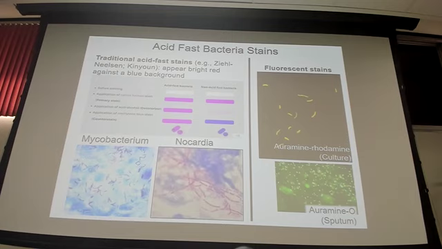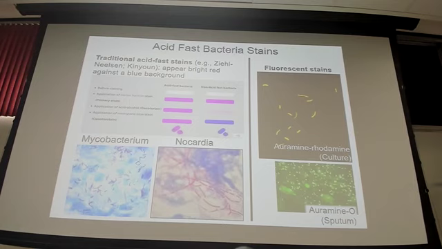Trust me, I used to spend hours leaning over a scope trying to read these, and it is very frustrating when you don't see them, because it doesn't necessarily mean they're not there or the patient doesn't have a tuberculosis infection. So for that reason, fluorescent stains are super nice when you can do them, because it speeds up the process of identifying them immensely.